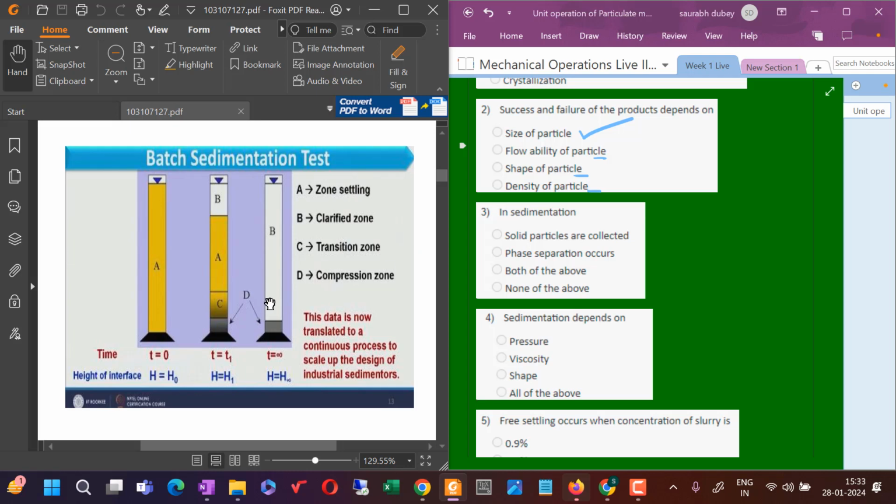So if you see here, initially the entire slurry was fed, and with time different zones came up: zone B, zone A, and zone C.